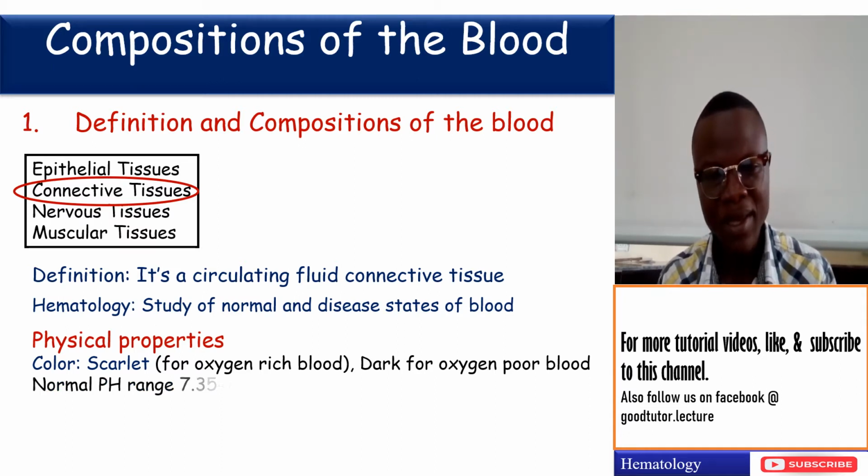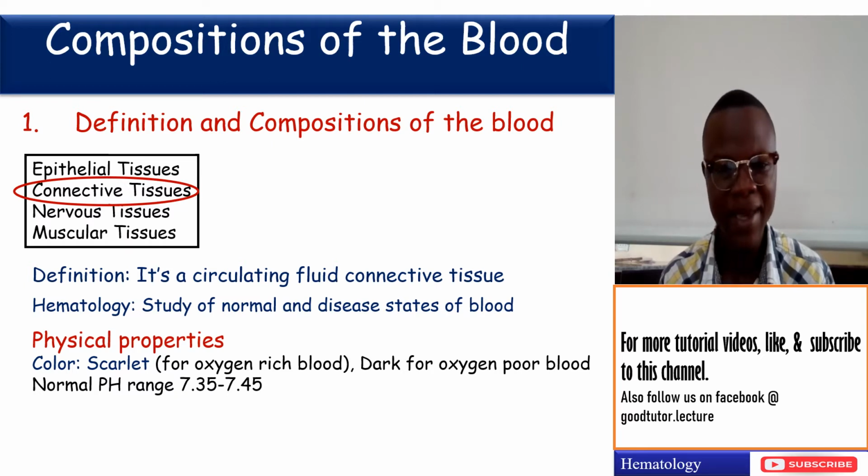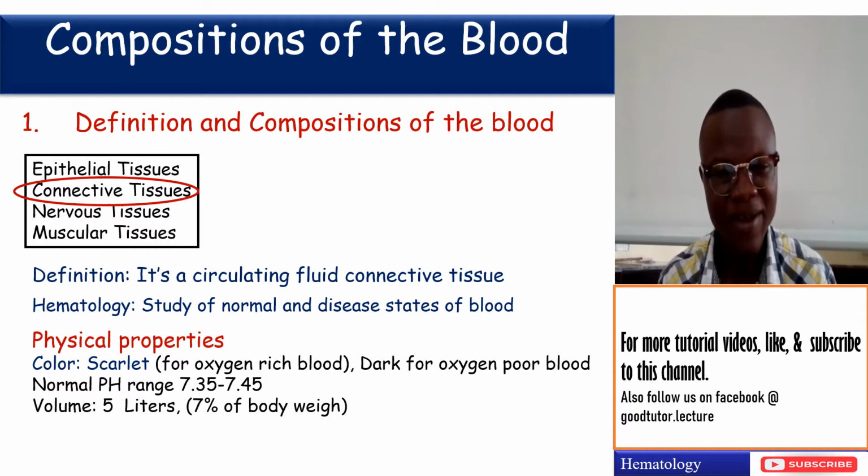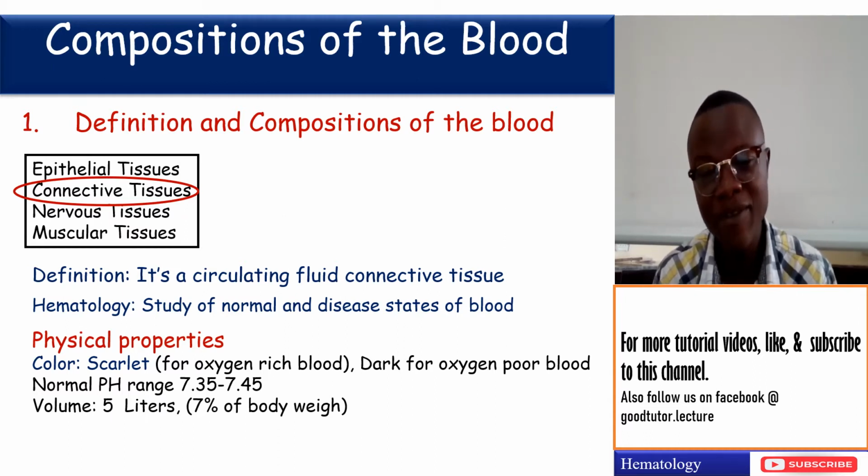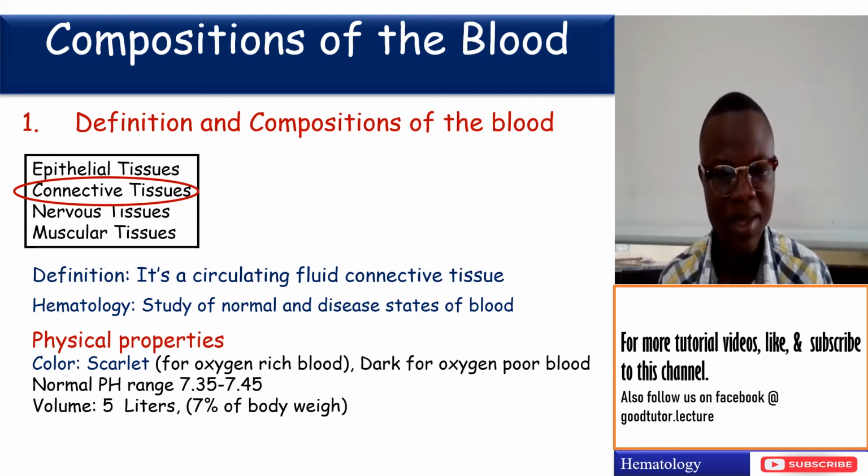Also, the normal pH of the blood is 7.35 to 7.45. This tells us that the blood is somewhat basic. And lastly, the volume of the blood is about 5 liters, which is approximately 7% of the body's weight.